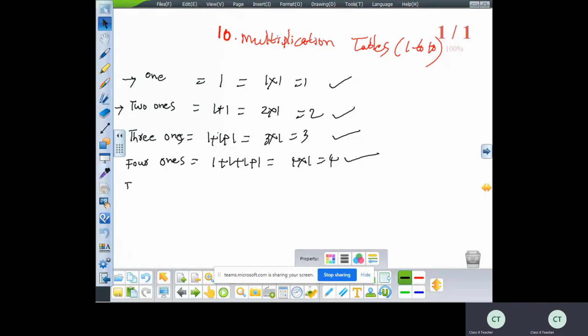5 ones. Here 1 is repeated 5 times. 5 times 1. 5 ones are 5.